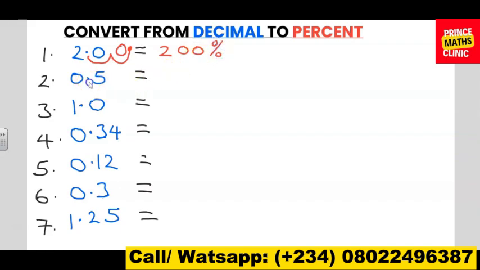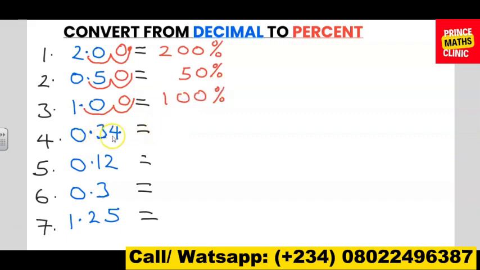I'll move here twice again, 1 and 2. Put a 0 here to fill up that space. The number itself is 50, which is 50%. Then you put a percentage. Now 1, 2, fill up the space, write out all the digits. You have 100, which is 100%.